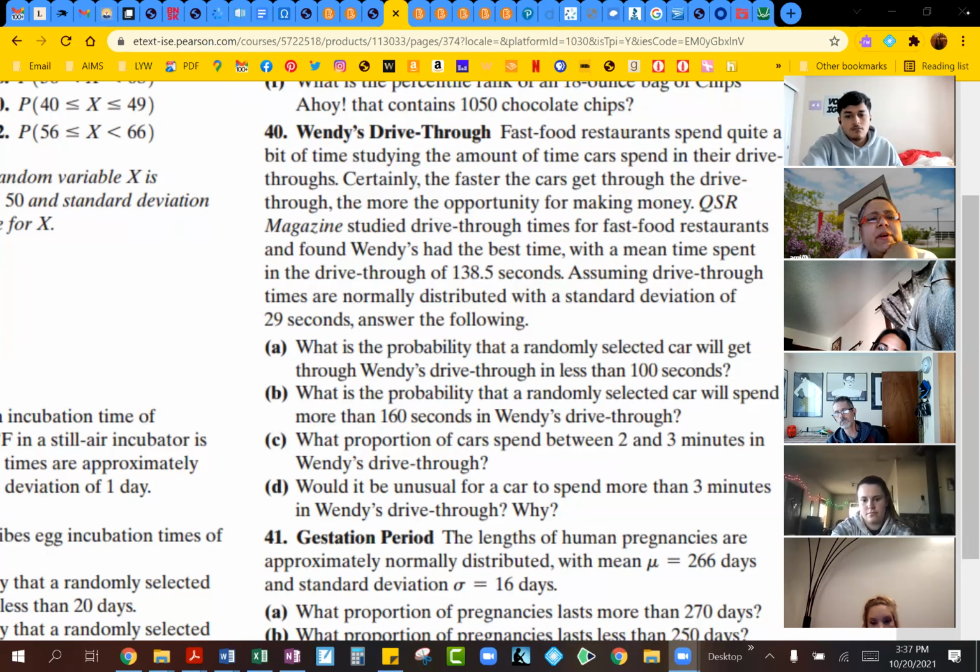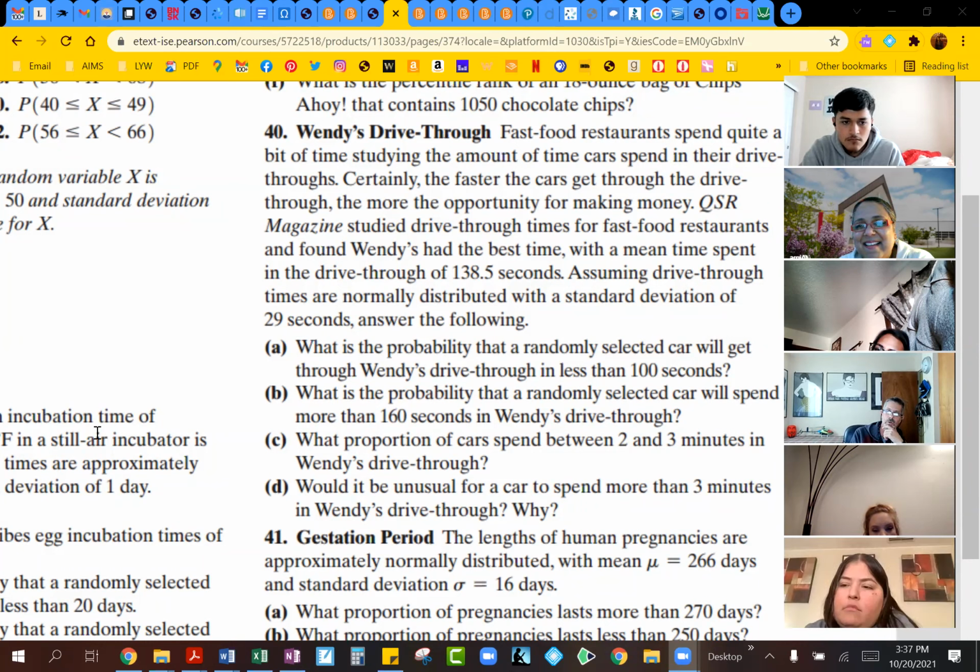Dennis, you want to elaborate on that a little bit? I'm sorry, there should be a comma after the word no. The answer is no, because 0.07 is greater than 0.05, and 0.05 is the cutoff for unusual. Okay, I see what you're saying. Yeah, Sabri, that was fine.